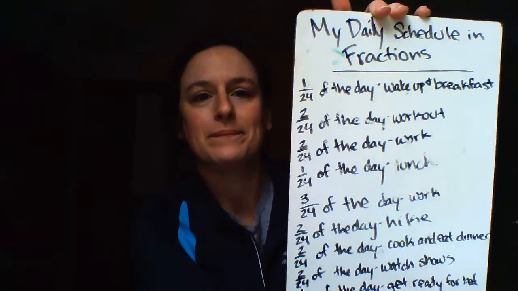Mrs. Drake here. A couple days ago, you wrote out your daily schedule for Miss Norden using your transition words, and then you made your daily schedule again, but in fractions for me.